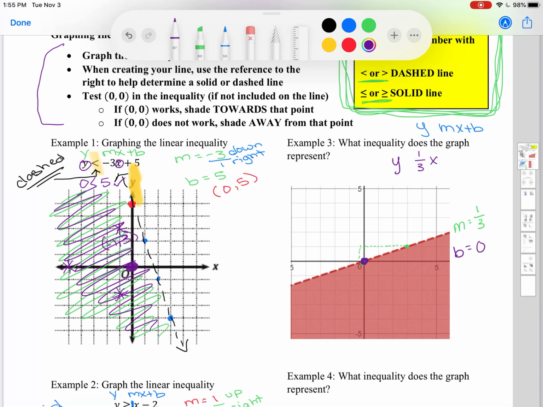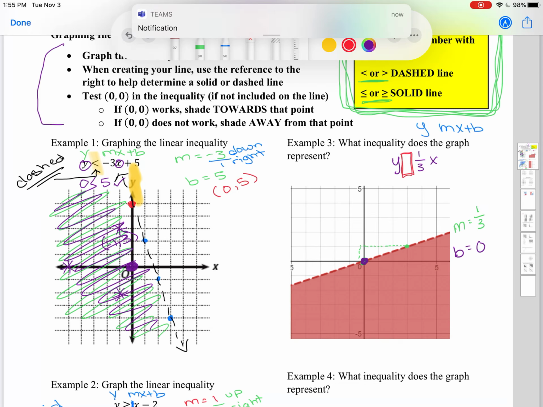Your y is actually 0. Your x is also 0, but we're focused on just the y. So now if I have those 2 parts, I can put it in slope-intercept form. So I'm going to say y. I'm leaving out the equals because I have to figure out what that is going to be. And I have 1/3 x plus 0. Of course, do we need to say plus 0 at the end there? No, if you leave it, that's fine, but we don't need to.